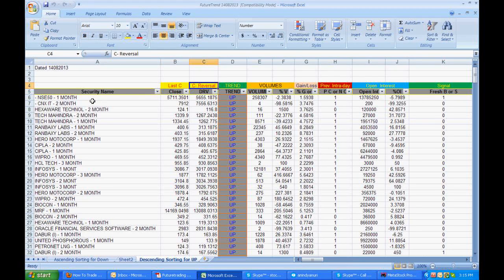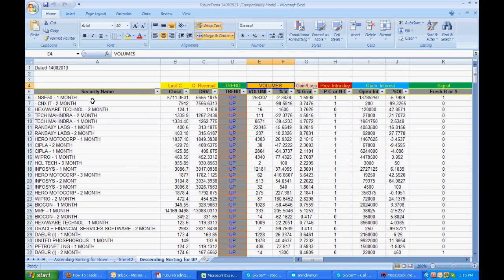C reversal is the DRV, or the moving average which you are talking about. If the price is above the DRV or the C reversal, then the trend is up. If the price is below the DRV, then the trend is down. This is the trend. And the DRV is above this, so we are saying that there is an uptrend.